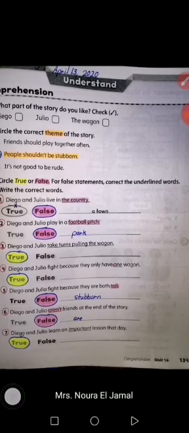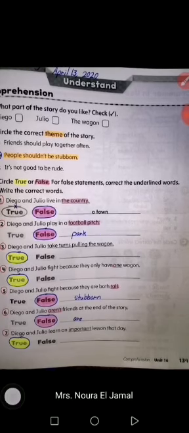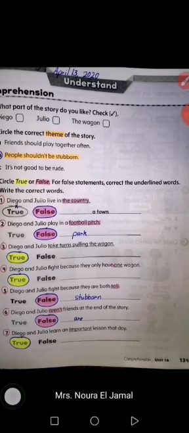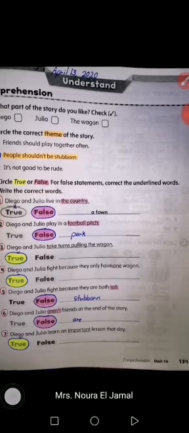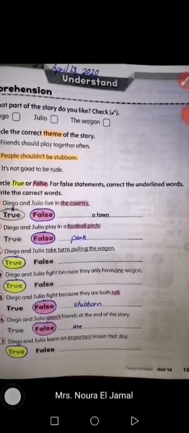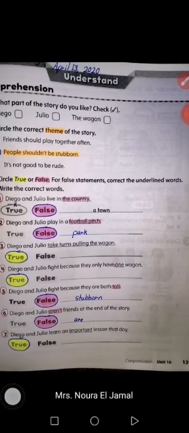Diego and Julio fight because they are both tall. False. They are stubborn. Number 6. Diego and Julio aren't friends at the end of the story. False. They are friends. Diego and Julio learn an important lesson that day. Yes, true.